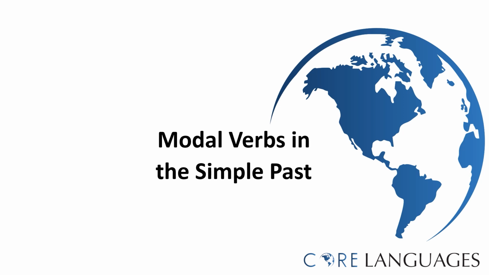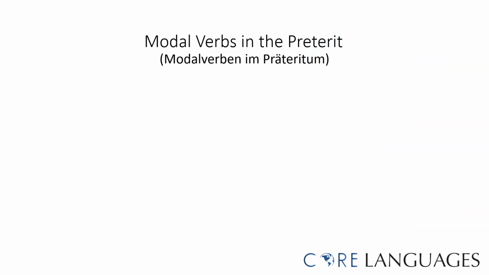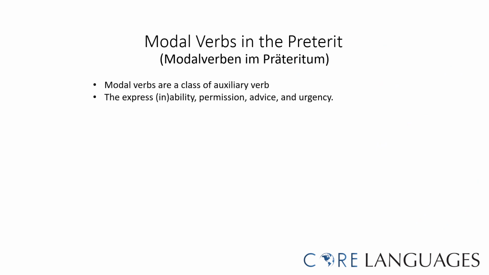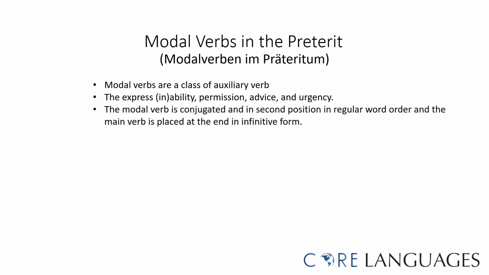Modalverben im Präteritum. Modal verbs in the simple past. Modal verbs are a class of auxiliary verb, and we use them to express ability or the inability, to give someone permission or advice, and to add urgency. In German, the modal verb is conjugated and placed in second position in regular word order.